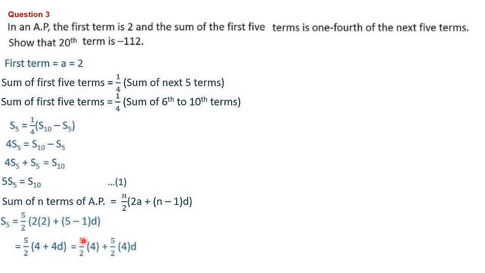Then 5 by 2 into 4 plus 5 by 2 into 4d, just multiply inside. Here 2 and 4 we can cancel 2 times, and here also 2 and 4 we can cancel 2 times. Then when we do the calculation, 5 into 2 that is 10, plus 5 into 2, 10d.